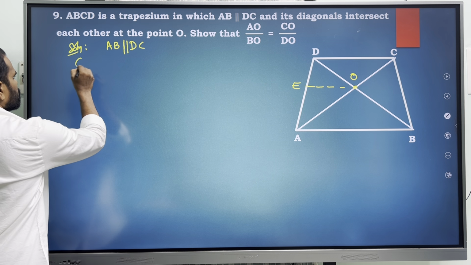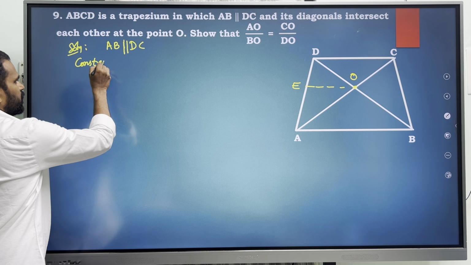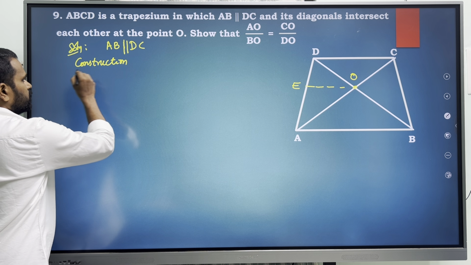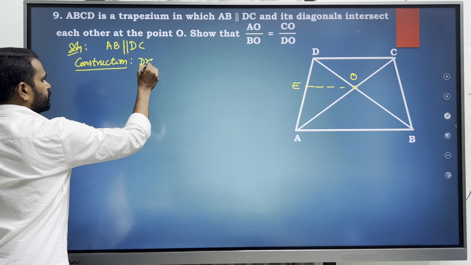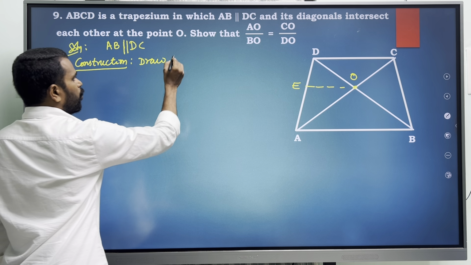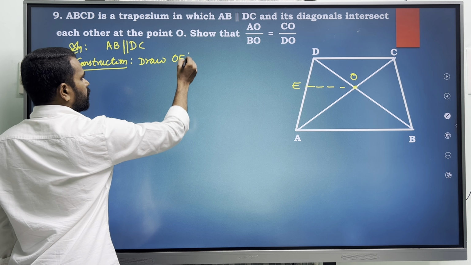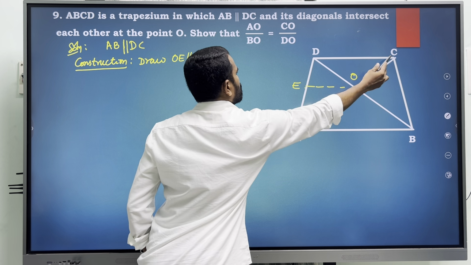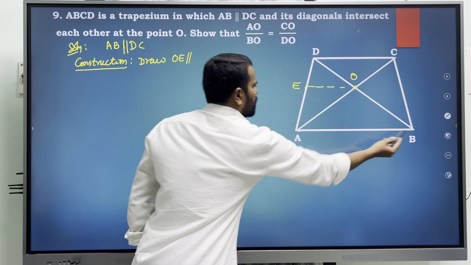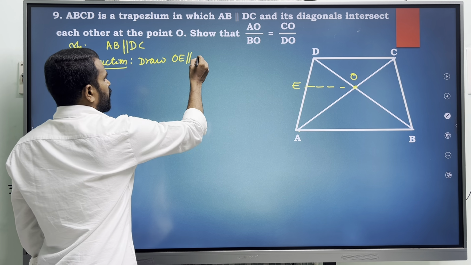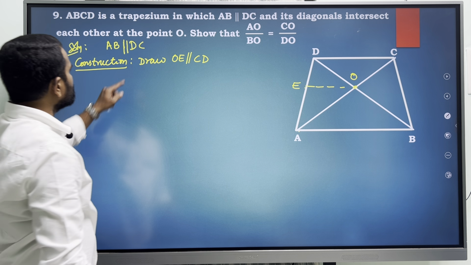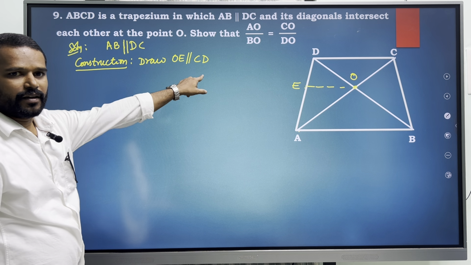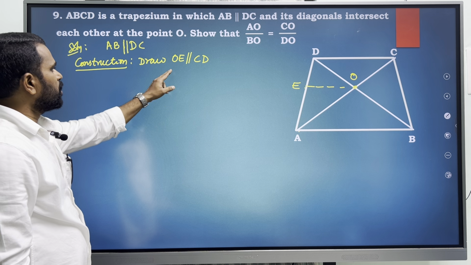Draw OE parallel to CD. Why? Because DC or CD is the same.